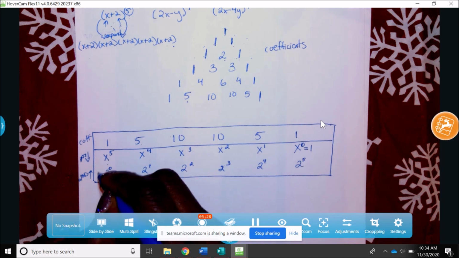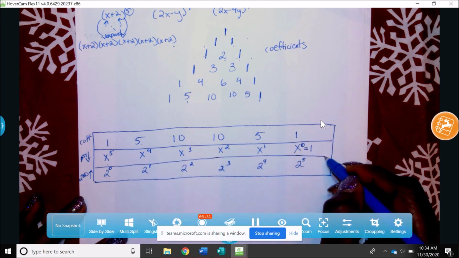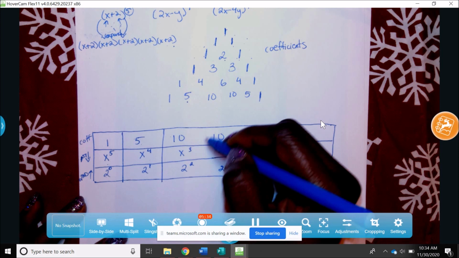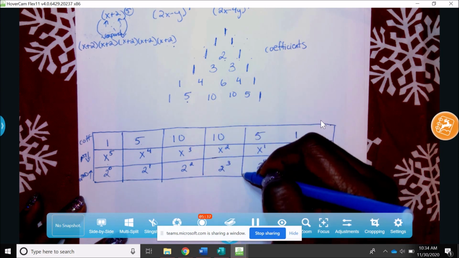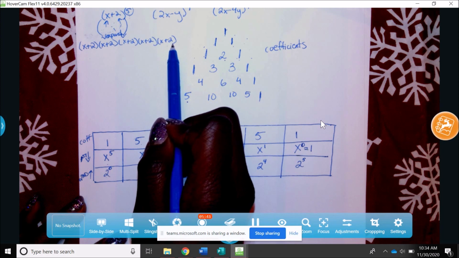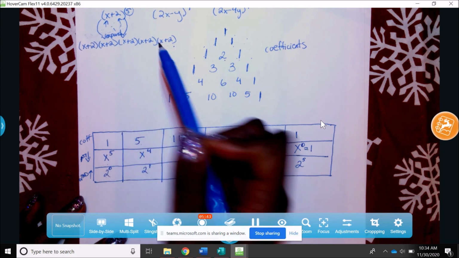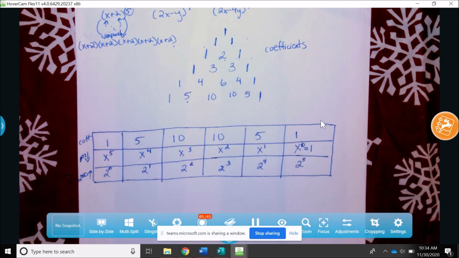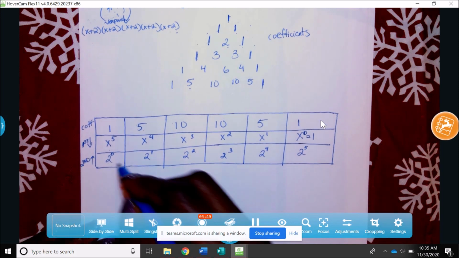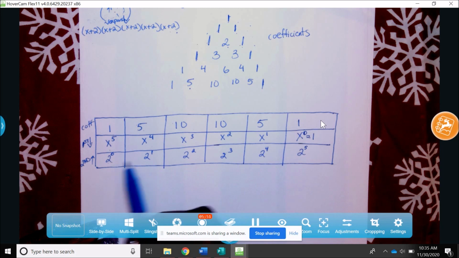Now, after I do this, I've actually created a way to get each term that will be produced if we were to do the distributive property for all 5 of these binomials. So again, it's a way for us to skip some steps. Inside of my boxes here, I'm going to simplify each of the terms.